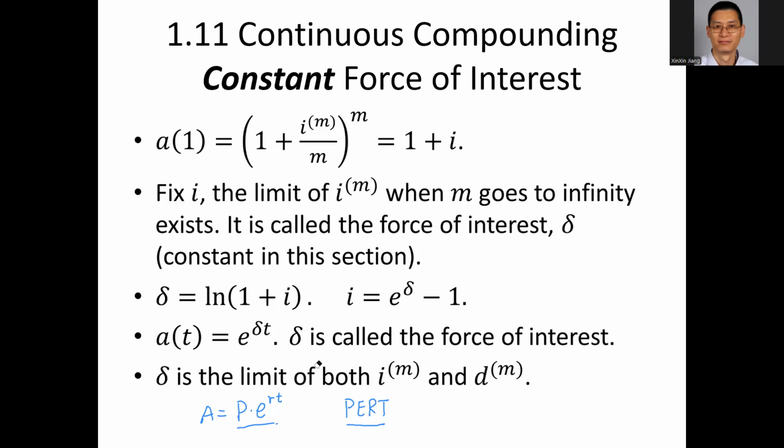In this formula, this r is basically our delta. P is the principal, but when we work with the accumulation function, P is 1, so we have e to the delta t. So these formulas, try to remember and understand.